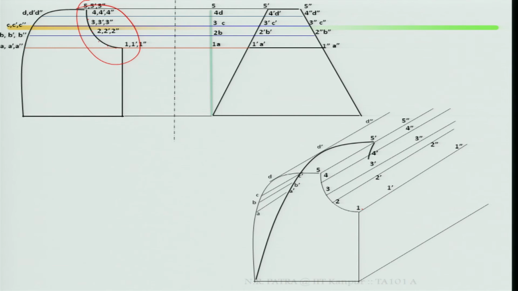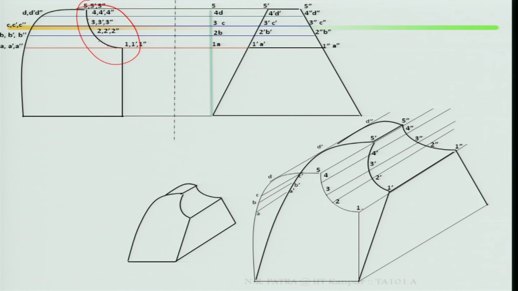Look at this mark. Are you getting all? This is a typical case of oblique view of oblique surface. That means front face you mark it, this is your front view, this is in true shape.